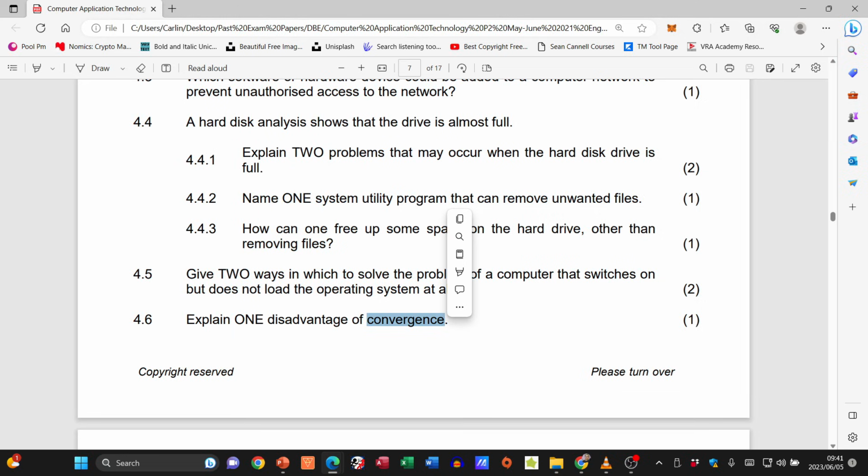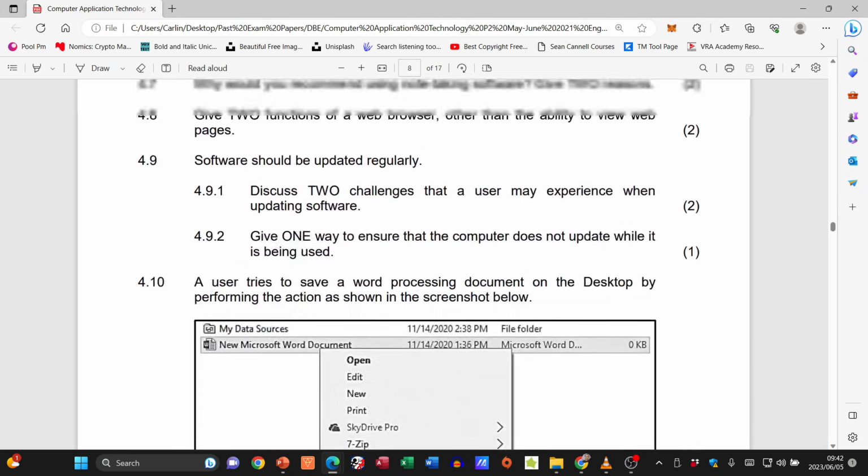So in other words, you want to upgrade your video camera because you're doing TikToks and YouTube and all this type of thing. You can't do that. You'd have to upgrade the entire device, not just one part of it. So it does become difficult. You can use any one of those options.